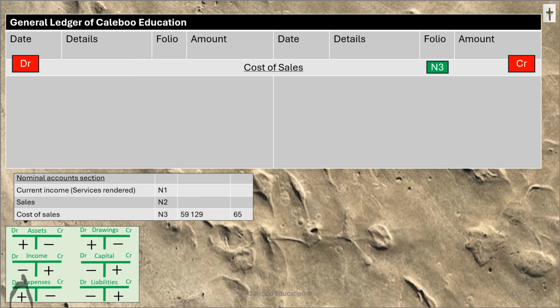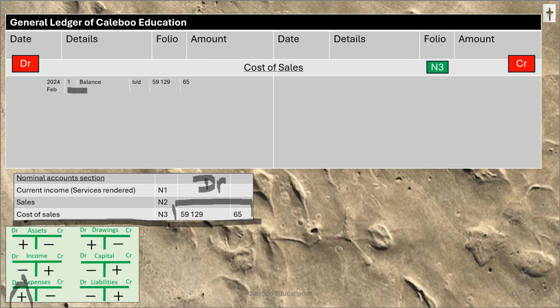Remember, we get the cost of sales or any general ledger account opening balance from the previous month's trial balance, and cost of sales had a debit opening balance of 59,129. So we put it in on the first day of the month. There it is. Step 1 of balancing general ledger accounts.